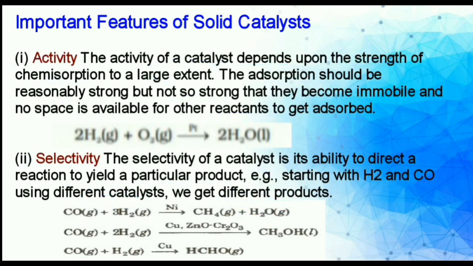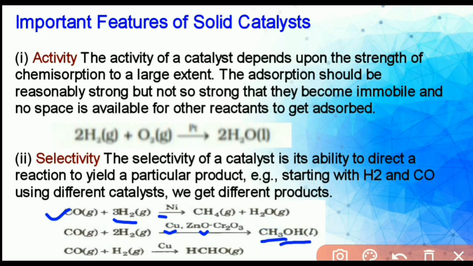For example, carbon monoxide plus 3 moles of hydrogen in the presence of nickel catalyst forms methane and water molecule. Then in this same reaction we use a different catalyst, like copper, zinc oxide and chromium oxide, and we get the alcohol, methyl alcohol.